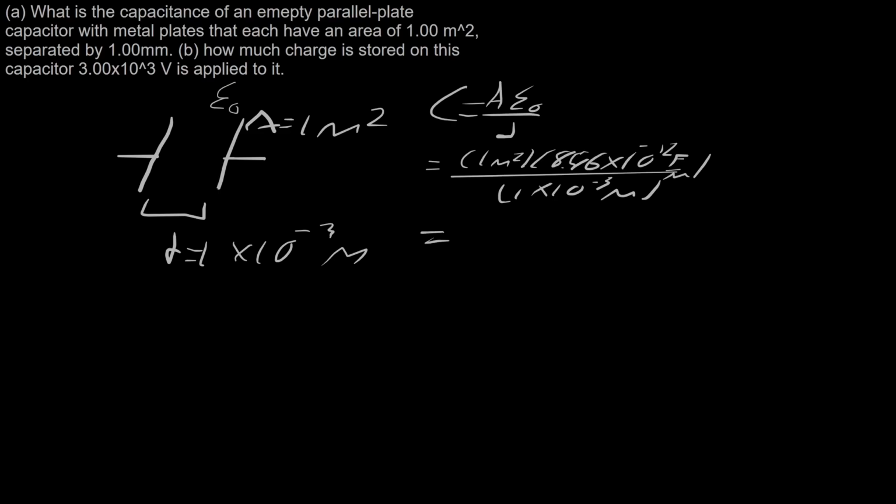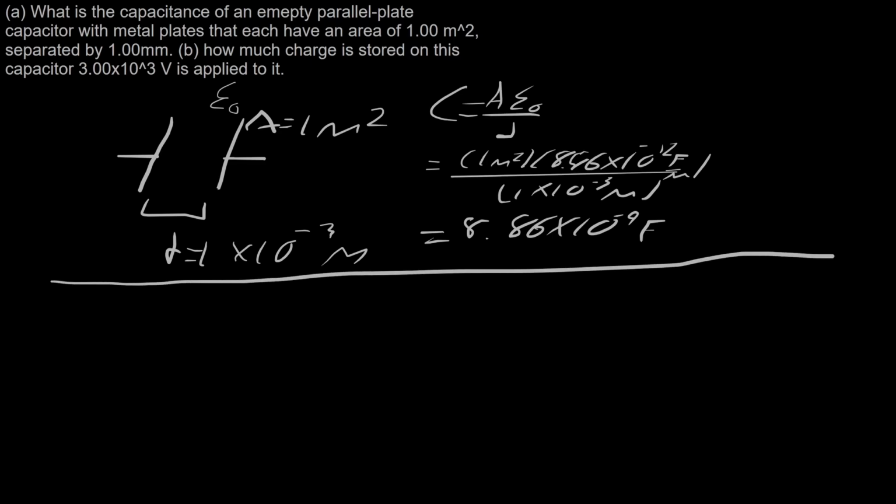This will give us a value of around 8.86 times 10 to the negative 9 farads, which is the unit we're using. And that's part A completed right there.